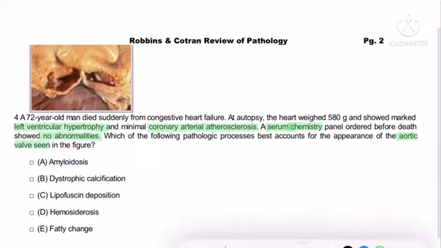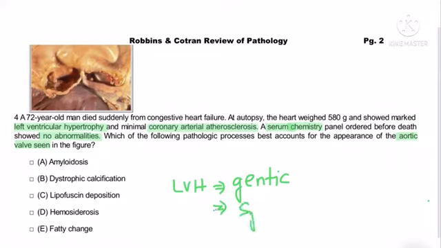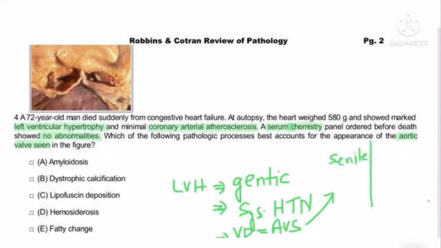Before going through the answer, you need to know that left ventricular hypertrophy can be seen in cases of genetic mutations, systemic hypertension, and valvular diseases like aortic valve stenosis. So what are the causes of aortic valve stenosis? Senile changes, as well as infectious or non-infectious damage to the valve.